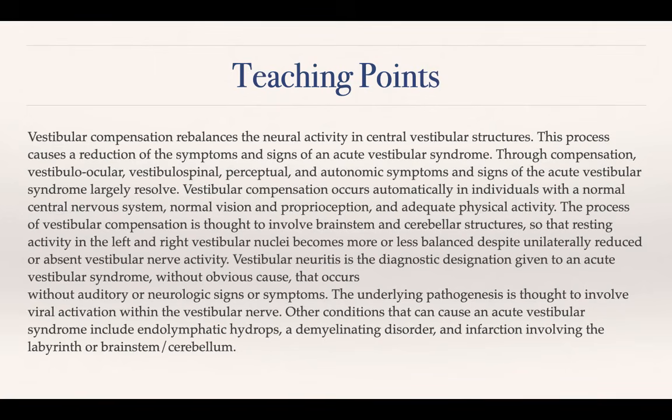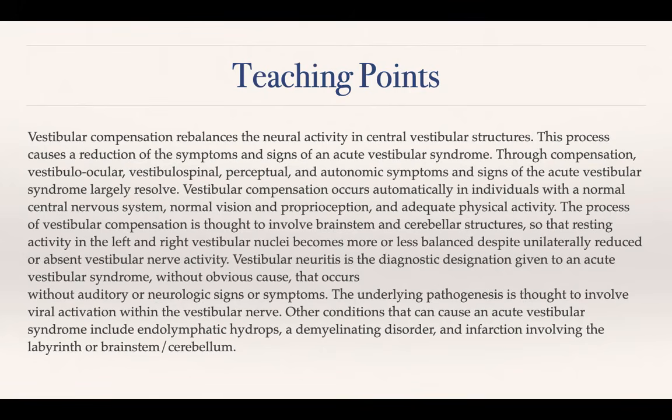Vestibular compensation rebalances the neural activity in central vestibular structures. This process causes a reduction of the symptoms and signs of an acute vestibular syndrome. Through compensation, vestibulo-ocular, vestibulospinal, perceptual and autonomic symptoms and signs of the acute vestibular syndrome largely resolve. Vestibular compensation occurs automatically in individuals with a normal central nervous system, normal vision and proprioception, and adequate physical activity.